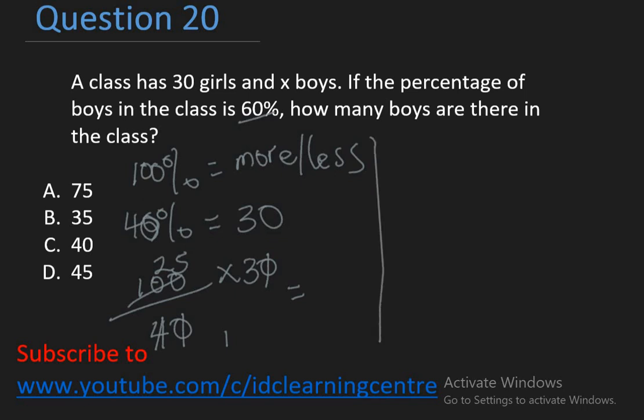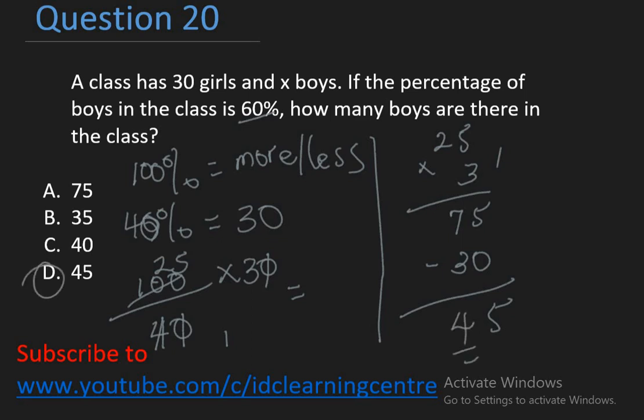Total population will be 25 times 3, which is 75. Out of these 75 pupils, 30 are girls. So boys will be 75 minus 30, which is 45 boys. So the answer is D.